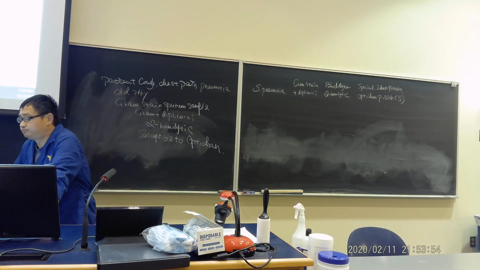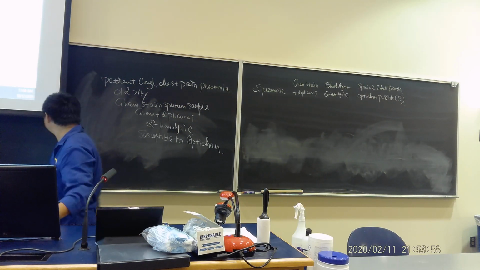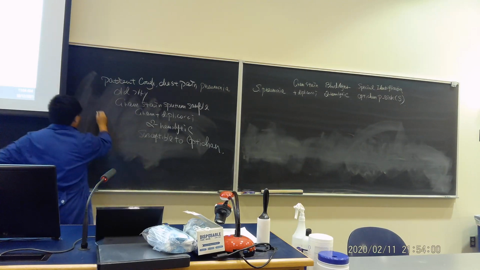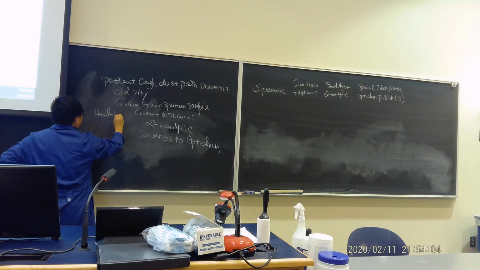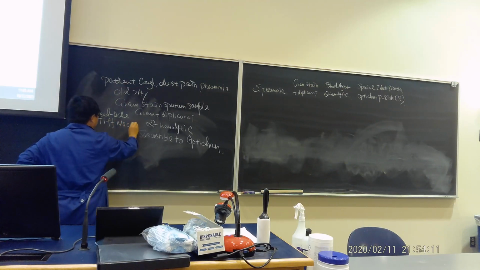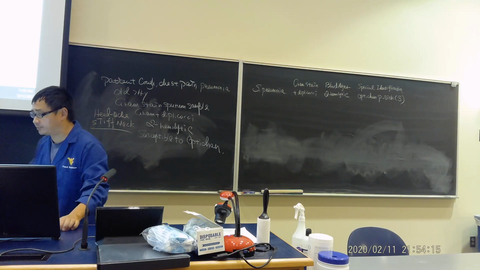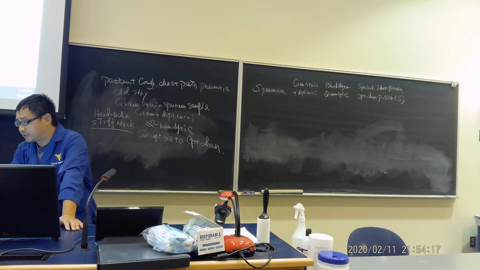A 4-year-old boy from a regional hospital. He had a headache, stiff neck. Okay, this boy has a headache, stiff neck, and I said stiff neck usually indicates something is happening. He also had a fever, 103F.